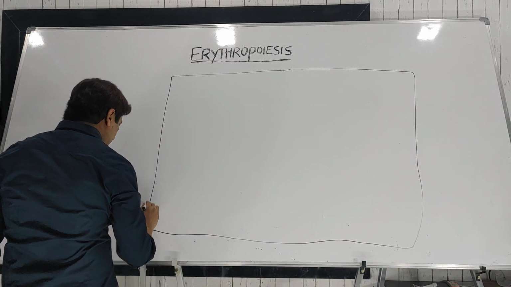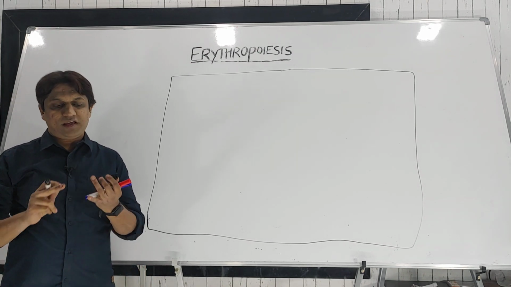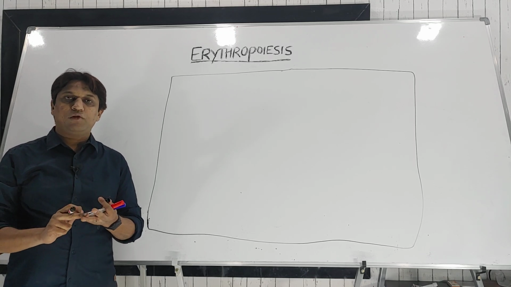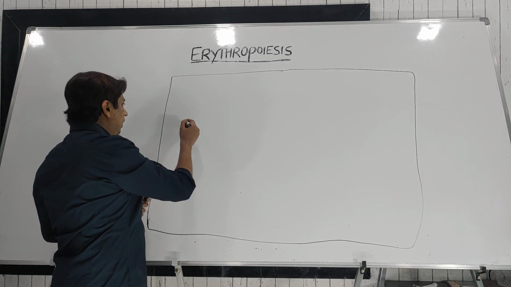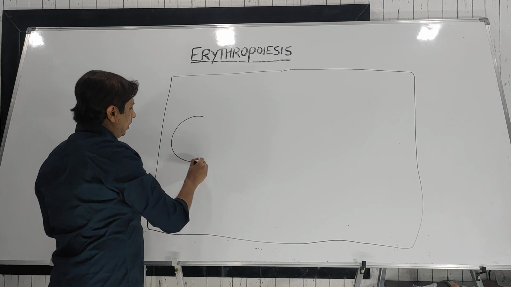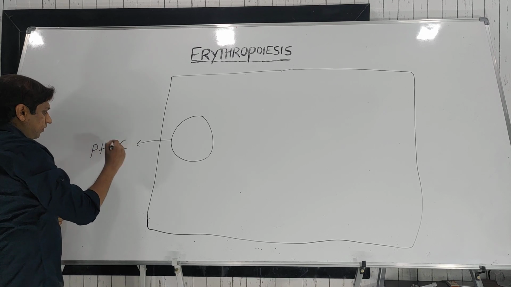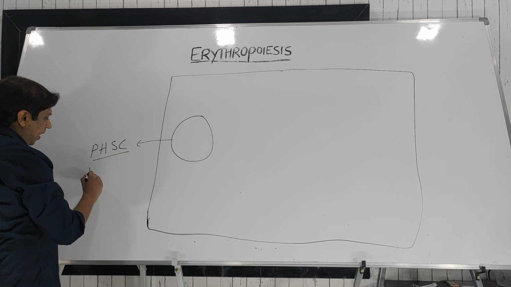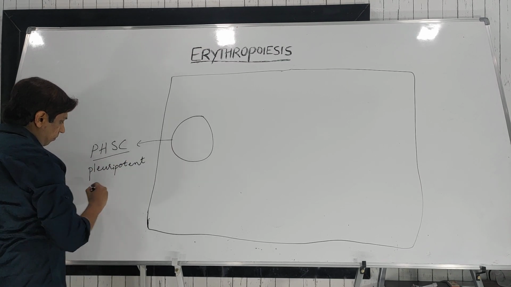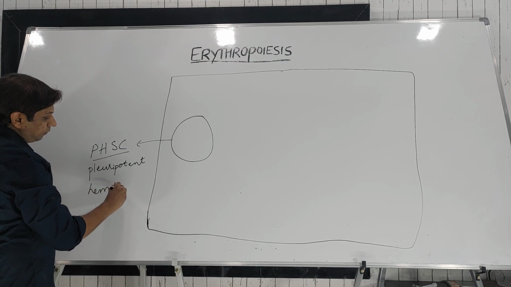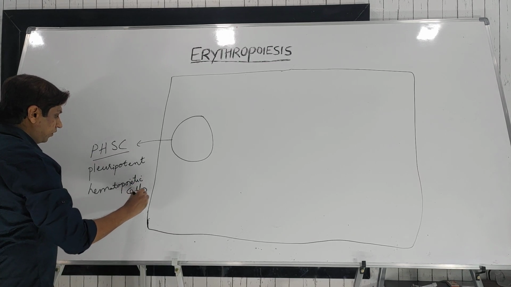In this bone marrow, all the blood cells, either red blood cells or other cells like WBCs and platelets, are derived from one basic cell, known as the stem cell, the pluripotent hematopoietic stem cell, PHSC. They are uncommitted stem cells.